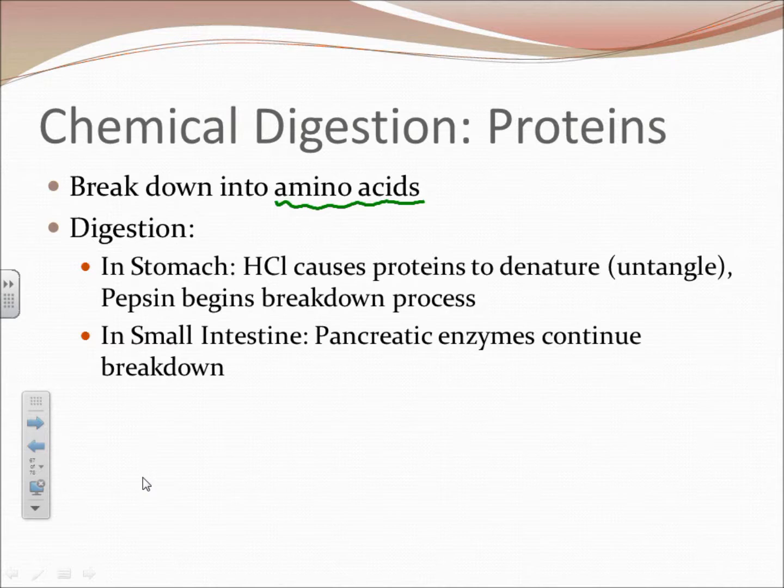But then also the small intestine finishes the job, continuing the breakdown by releasing pancreatic enzymes specifically for those amino acid chains to break them down into individual amino acids or peptide bonds, two amino acids linked together. But ultimately, the acid from the stomach and the pancreatic enzymes from your pancreas together break down the proteins to their smallest components so that they can be absorbed into the bloodstream.